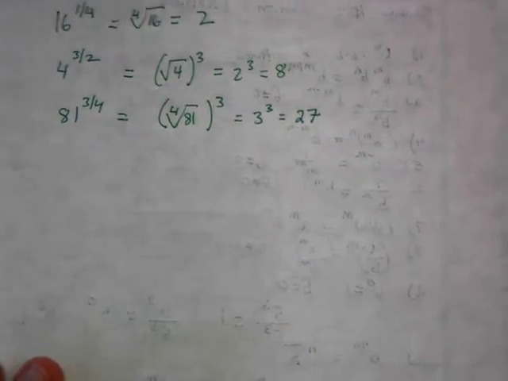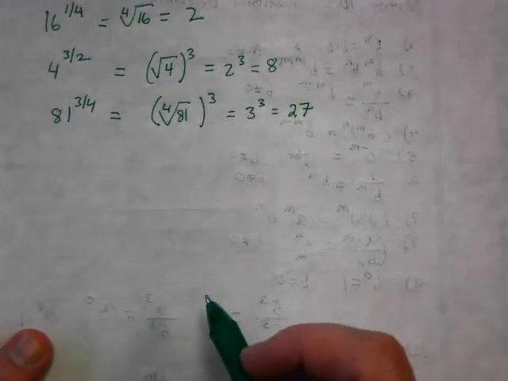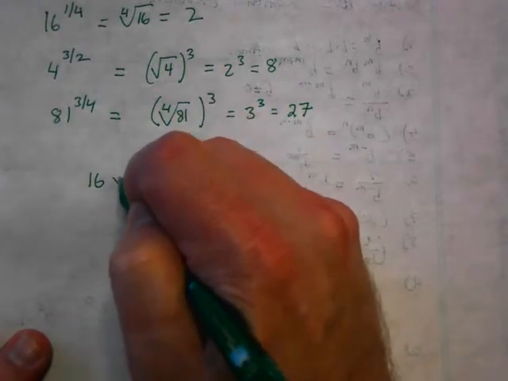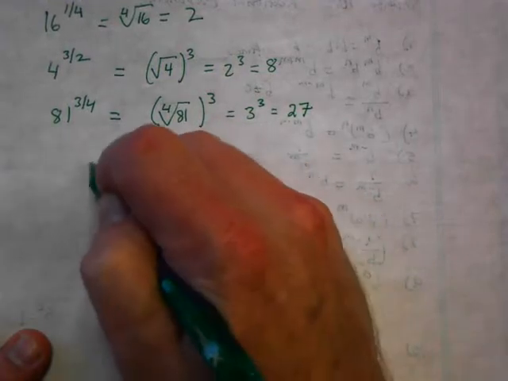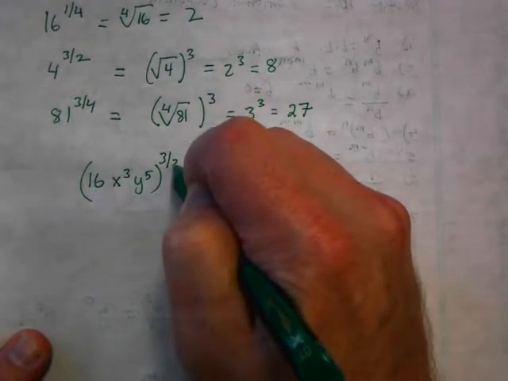All right, so the kind of homework problems you're going to see, you're going to have things like this. You might have 16 x cubed y to the 5th, all to the 3 halves.